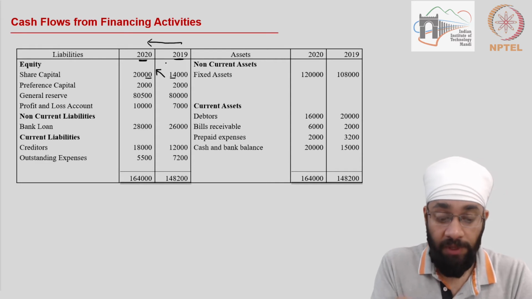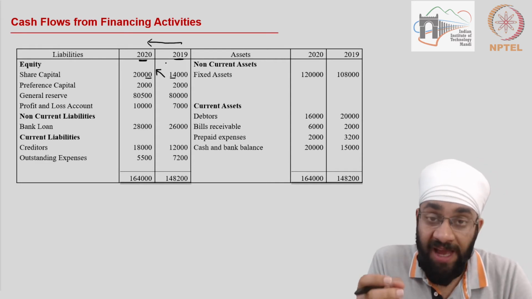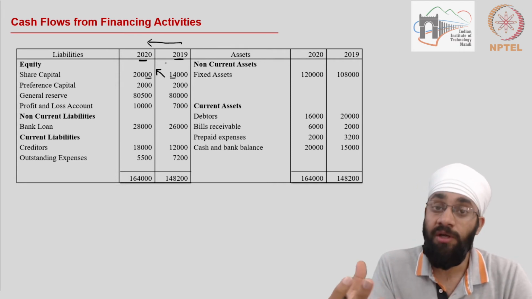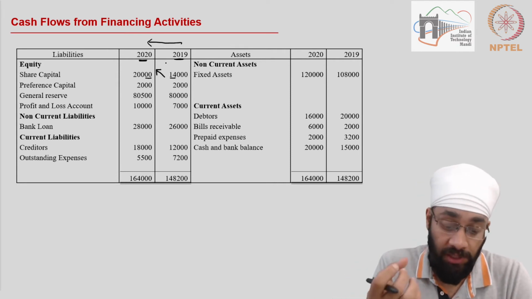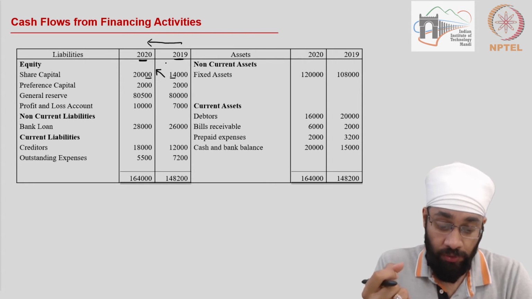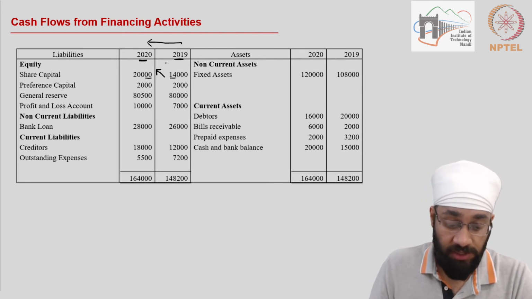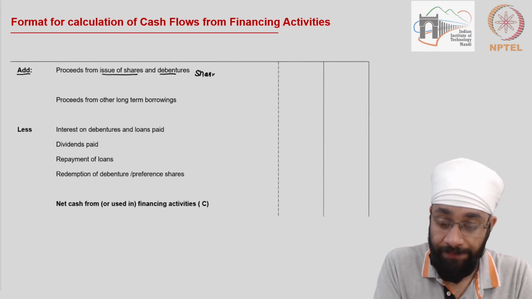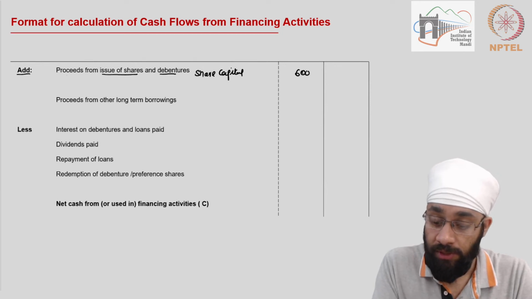It is going up. That means more shares have been issued. And against those shares which have been issued, the company must have received cash. So we are going to show 6,000 as the proceeds from issue of share capital. New share capital has been issued, 6,000.